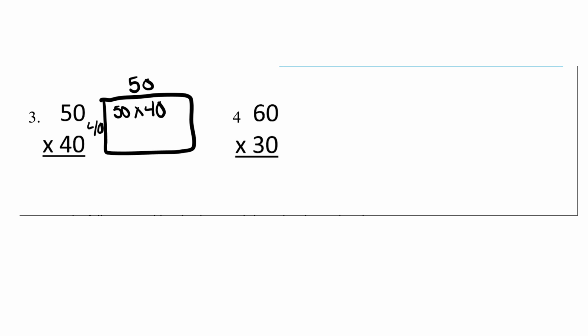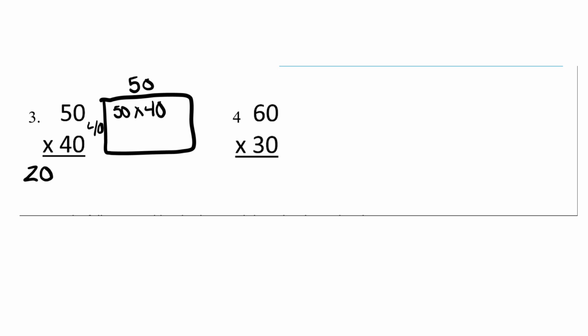So I should be thinking that I have 5 tens times 4 tens. So a trick we've used in class is to cover up those 2 zeros so that all we can see is 5 times 4. And I know 5 times 4 is 20. So that's what I'm going to write down first.